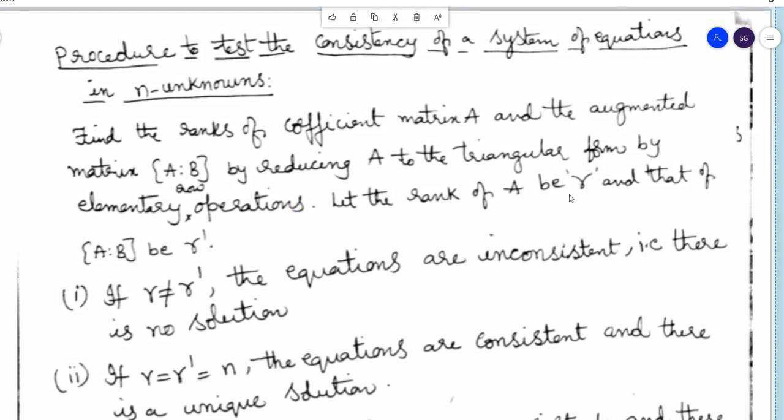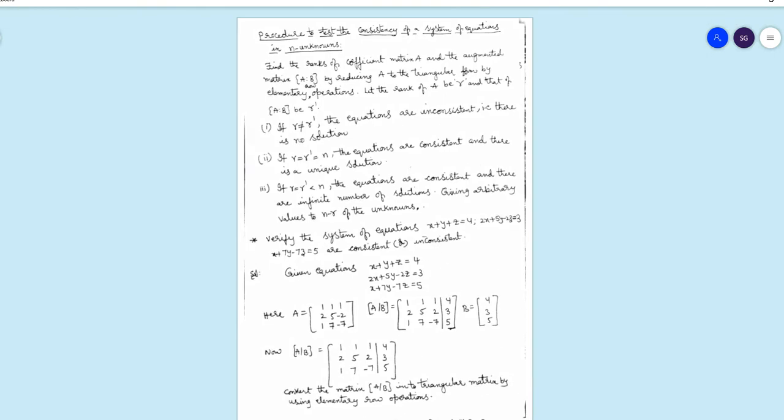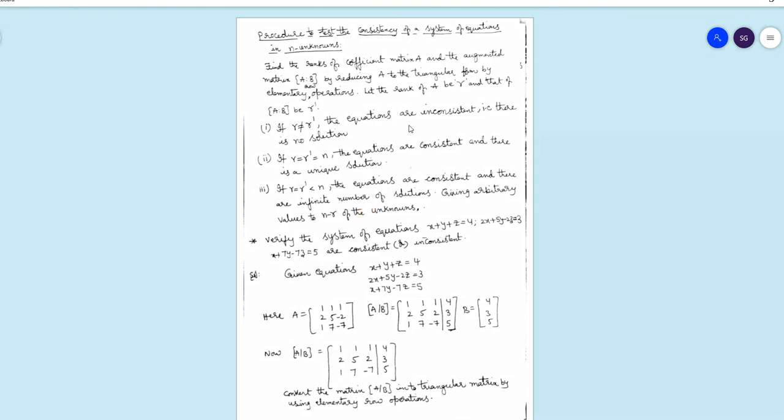Let the rank of the coefficient matrix be R and that of the augmented matrix be R dash. The system of linear equations has a solution if and only if the rank of the augmented matrix is equal to the rank of the coefficient matrix. If they are not equal, then the system of equations is said to be inconsistent.